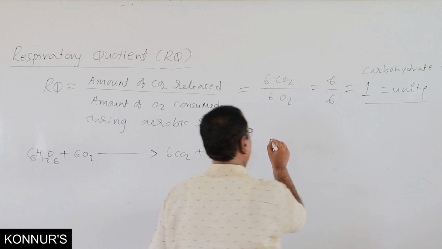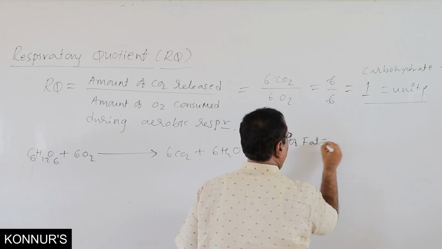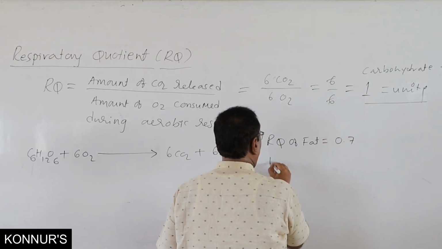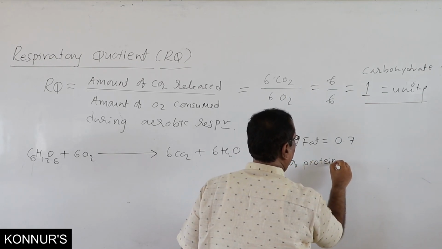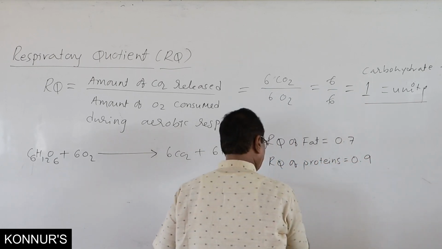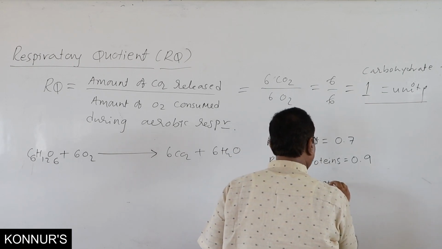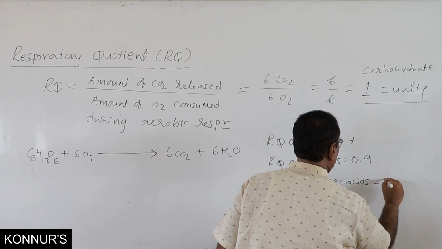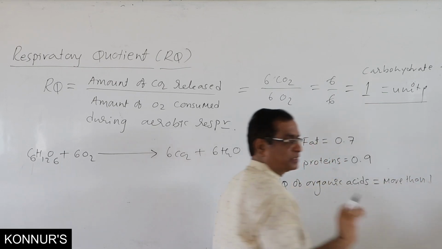In a similar way, RQ of fat, you should remember, is 0.7, and RQ of proteins is 0.9, and RQ of organic acids is more than 1. These you must remember.